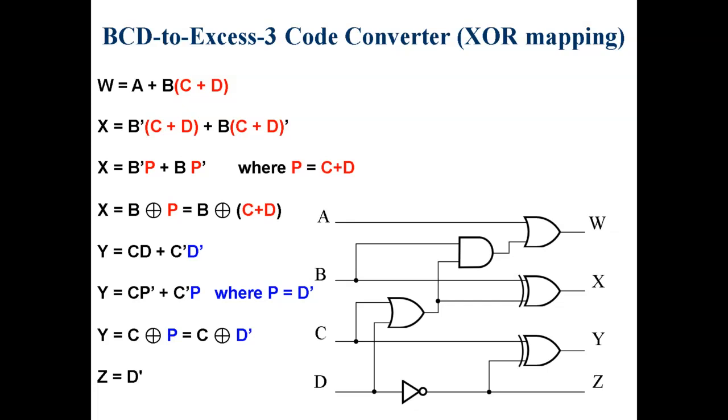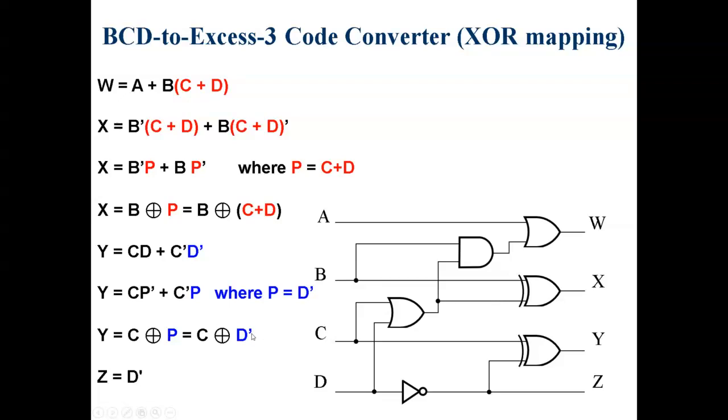Now in this example, it is a mixed gate approach because we are using mixed gates. We are using exclusive OR gate, OR gate, AND gate, and inverter, and then we are also doing the logic sharing. Can you see which term is the common term? Please remember, D bar is the common term because D bar is used here and here. And what is the other common term?